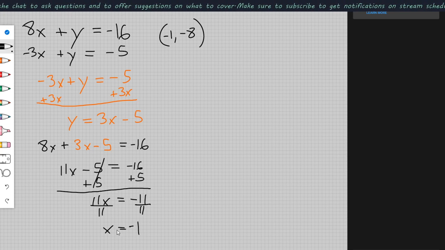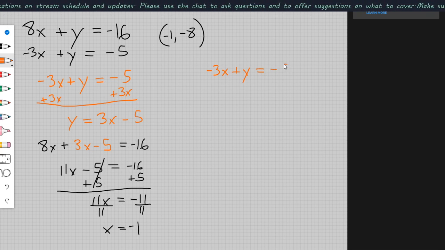So now that I got my x value, I'm going to plug it into one of those equations. Again, it kind of just depends on which one you would rather use. I'll probably just use the first one. I'm going to plug this in for wherever I see an x. I'm going to go ahead and write out that equation one more time just to make sure I have it all written down appropriately.